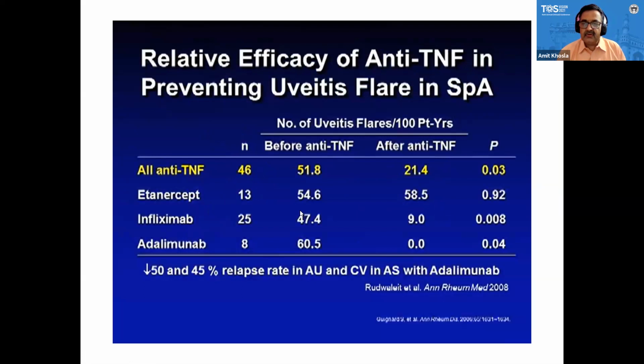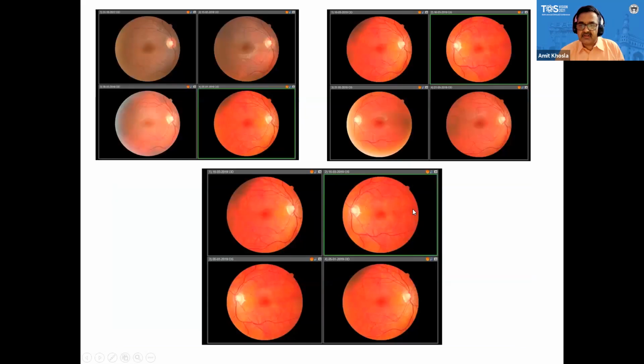We've been using DMARDs, or disease-modifying agents, like methotrexate and azathioprine. But even if you were to use the biologicals, we will still have flares in SpA. It's not going to go away. So remember that you will have some flare. We are not looking for total cure. We are looking for control and a partial remission.